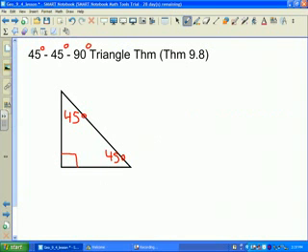We've already talked about where the hypotenuse is located. And the two legs. Now with these two legs, they're going to be exactly the same, hence the isosceles part.